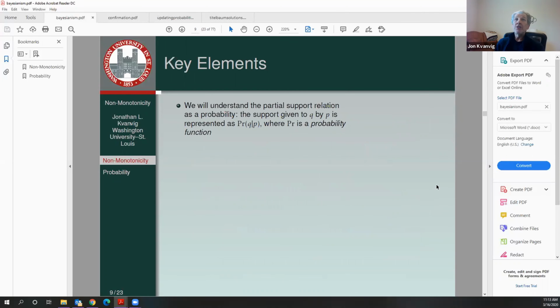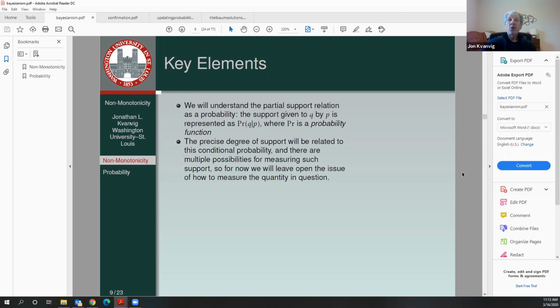So what we're going to do is understand the partial support relation as a probability. The support given to Q by P is represented this way: PR(Q/P), where PR is a probability function, and we read this formula as the probability of Q given P. Now, it's important that we understand that PR is a probability function.